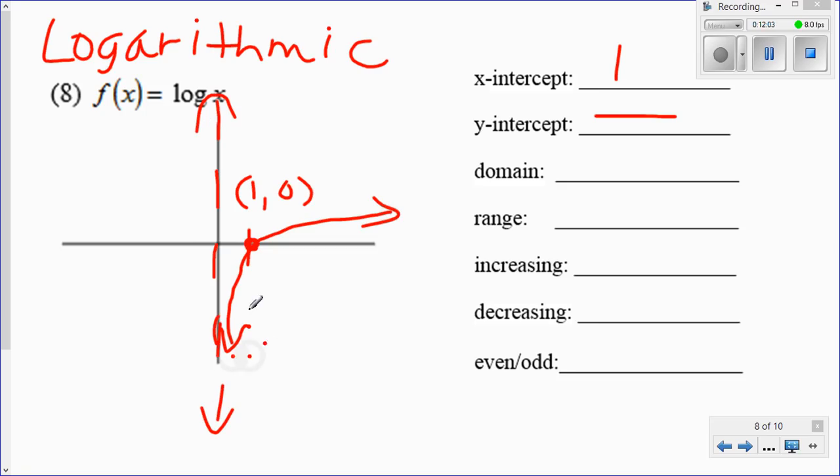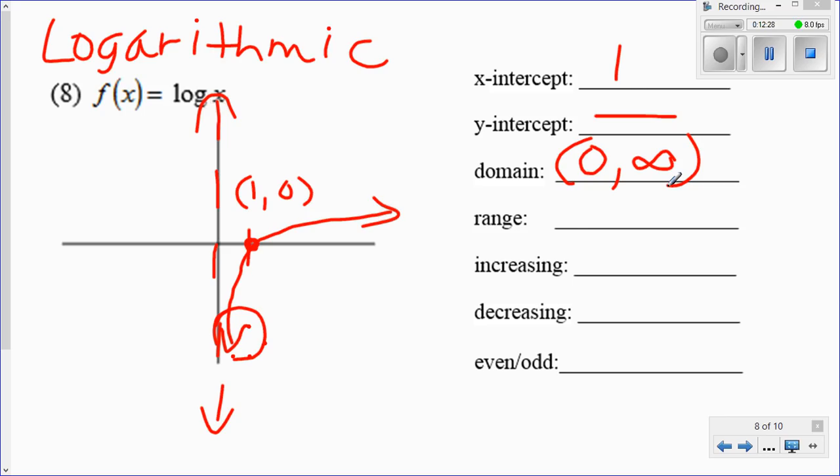So at this end the graph is going to continue to get closer and closer to the y-axis without actually touching or crossing it. Okay, so if we look at the domain again, for your x values we would say that the domain is 0 to infinity. But we don't want to put a bracket on 0 because 0 is not included in the domain.